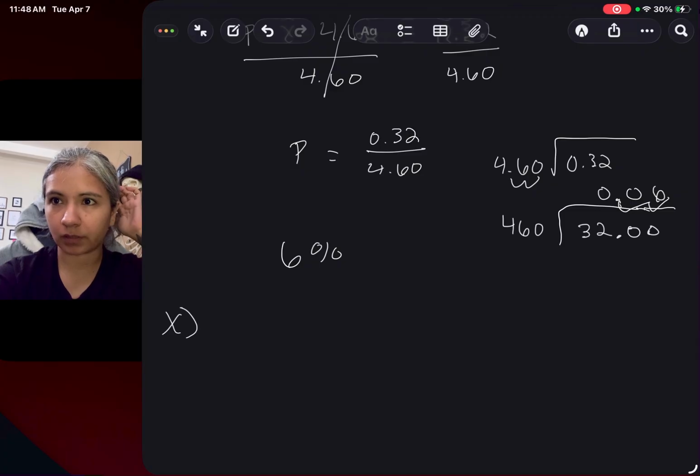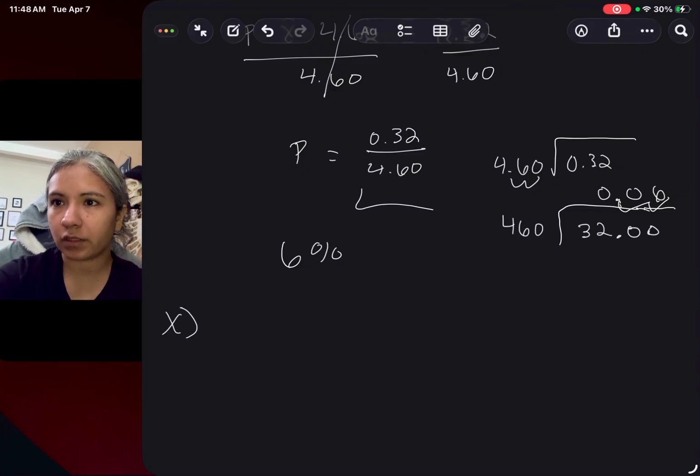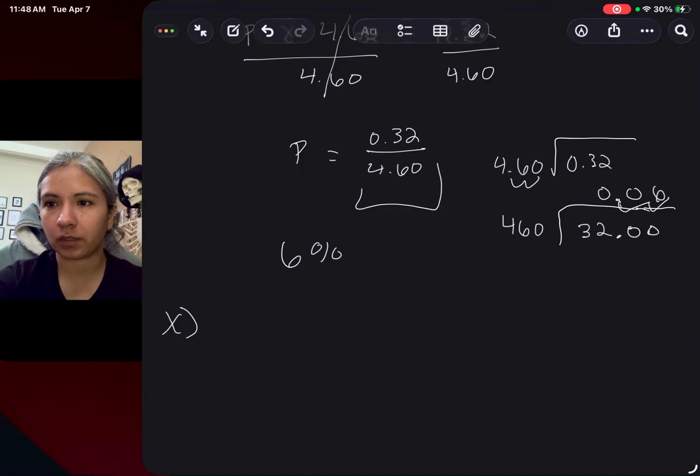So let's do another example. If you put this into a calculator, by the way, it would be 0.069. So you could convert that to 0.0695. So really, if you round, it would be 0.07.